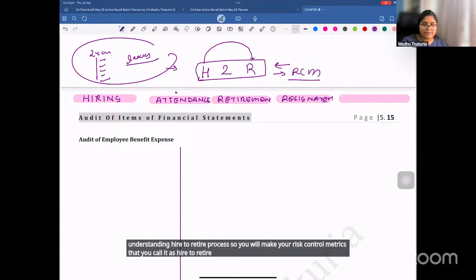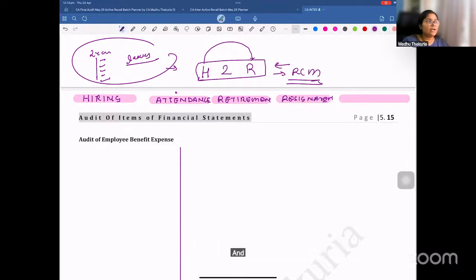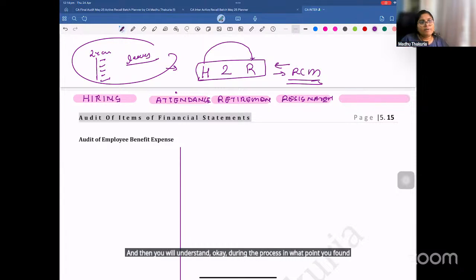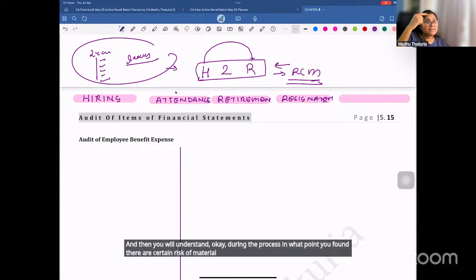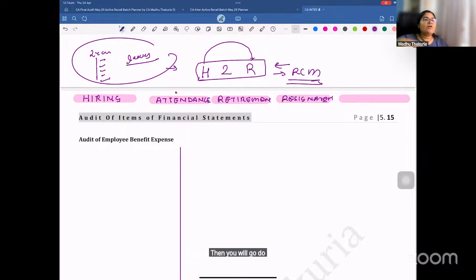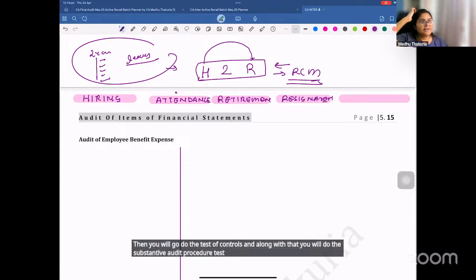Then you will understand at what point you found certain risks of material misstatement. If there is a risk of material misstatement, whether the entity has relevant controls in place. Once you understand that there are controls in place, you will do the test of controls, and along with that, the substantive audit procedures: test of details and analytical procedures.